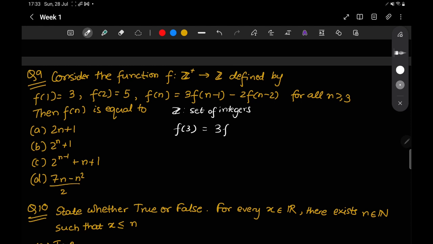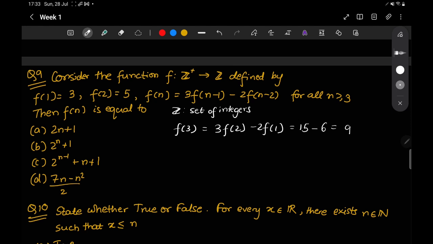It is 3 times f(3 minus 1), which is f(2), minus 2 times f(3 minus 2), which is f(1). So 3 times f(2) is 15, so 3 times 5 is 15, minus 2 times f(1) is 3, so 2 times 3 is 6, so 15 minus 6, this is equal to 9.